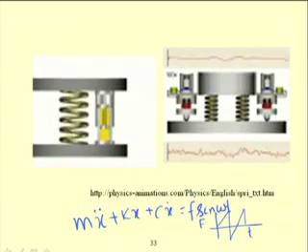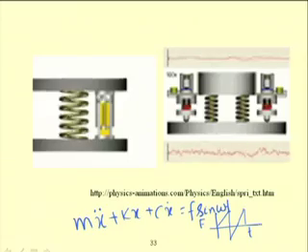So, this single degree of freedom system forced vibration one can study, and in this case the response will contain two parts. One is the transient part and the other one is the steady state response.